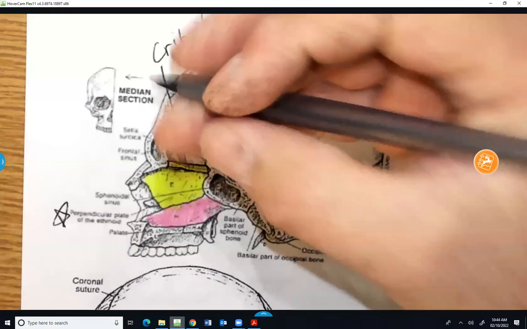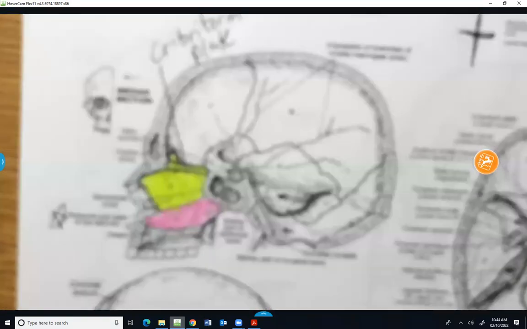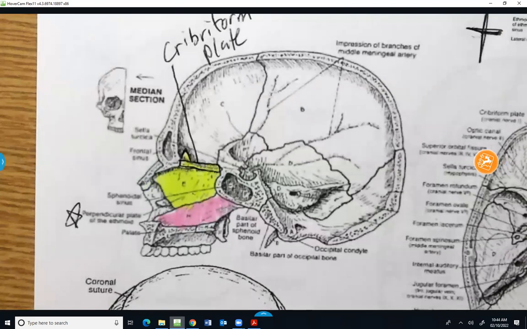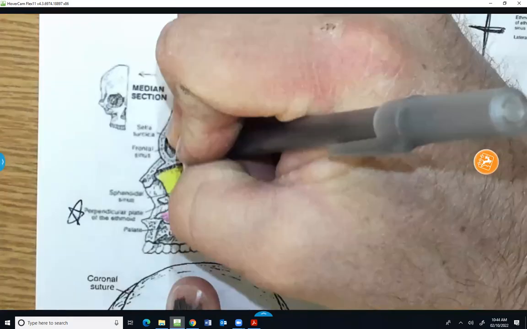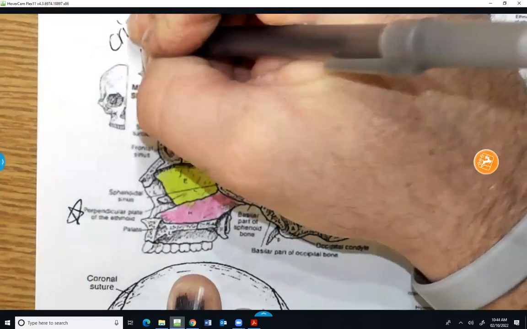Now, notice I also colored this thing that looks like a little triangle or a little rhinoceros horn, okay? That structure has a fun name. I don't remember what it means. Well, that's called the Crista Galli.